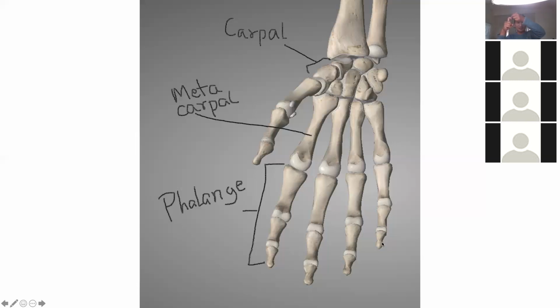Of course, in our thumb, we only have 2 phalanges, proximal phalanx and distal phalanx. We do not have a middle phalanx in our thumb because the thumb has only 2 bones, and the rest of the 4 fingers have 3 bones.